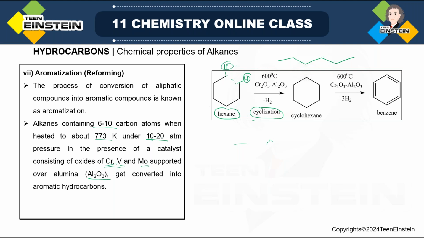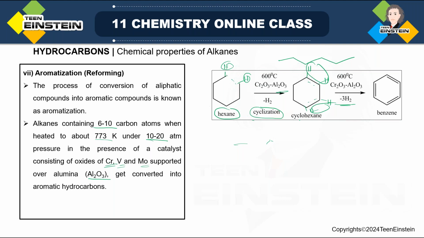Here we have taken Cr2O3, chromium oxide, on the surface of Al2O3. Then in the second step, 3 more hydrogen diatomic molecules are removed, that means H2, H2, H2 have to be removed, so that you can get double bonds in these positions. So finally you are getting benzene.